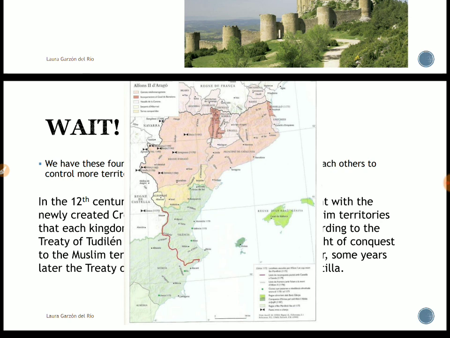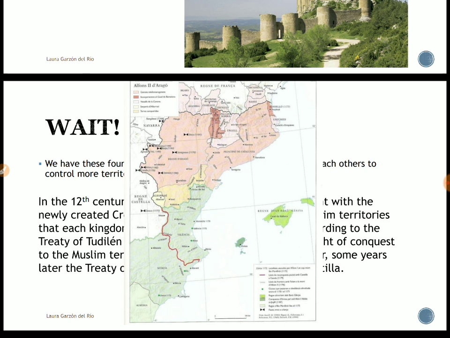In the 12th century, King Alfonso VII reached an agreement with the newly created Crown of Aragon, which specified the Muslim territories that each kingdom could acquire through conquest. They are going to divide the Iberian Peninsula. According to the Treaty of Tudela, 1151, the Crown of Aragon had the right to conquer the Muslim territories of Valencia and Murcia, as you can see in the map.